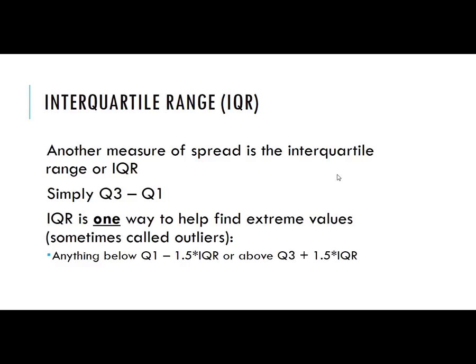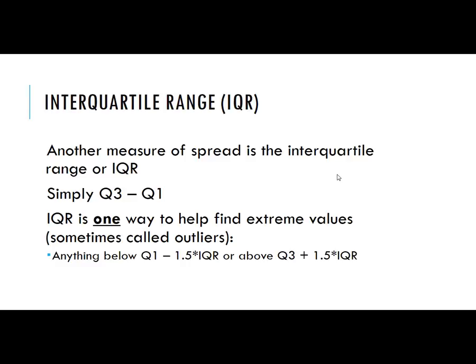One rule of thumb, and again, it's just a rough rule, so it's not true all the time, and you might use other rules instead, is to say that anything below the first quartile minus 1.5 times the interquartile range, we would consider extreme. Anything that is 1.5 times the interquartile range above the third quartile, we would also say is an extreme value. One is on the high end, the other on the low end.